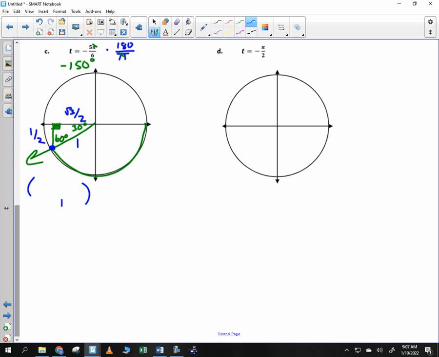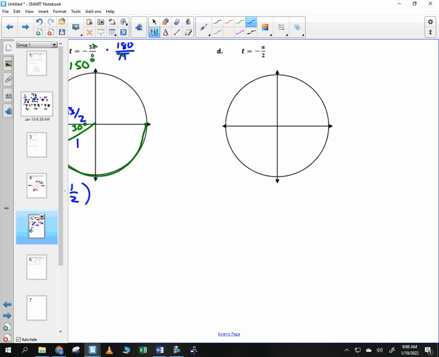What is the horizontal distance? Yep, negative root of 3 over 2. And what is the vertical distance? Negative 1/2. I'm going to put that over on this side.